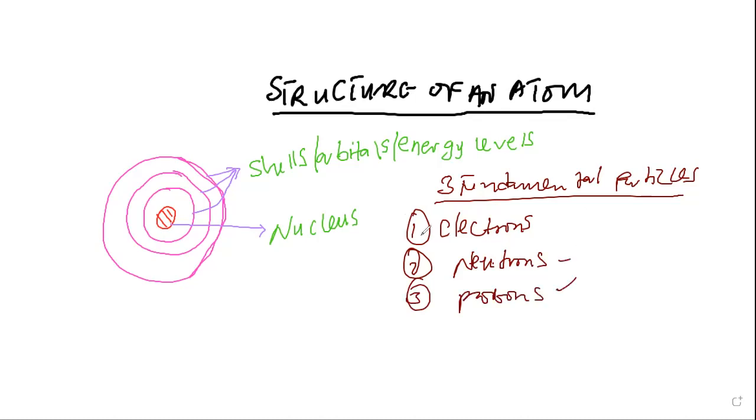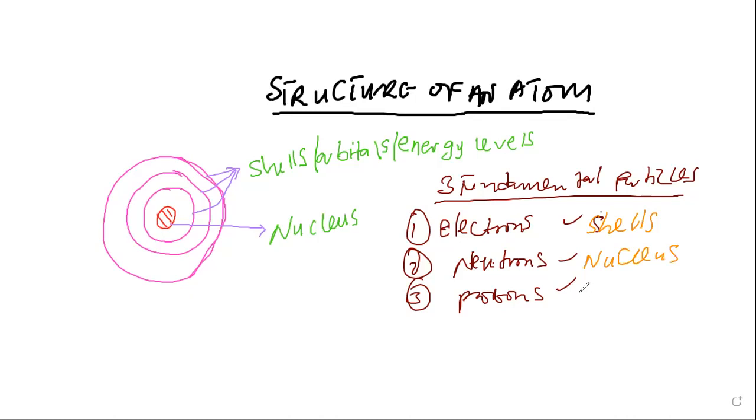Now, these three fundamental particles, where are they found in this structure? When you look at the electrons, we say they are found in the shell. The neutrons are found in the nucleus.